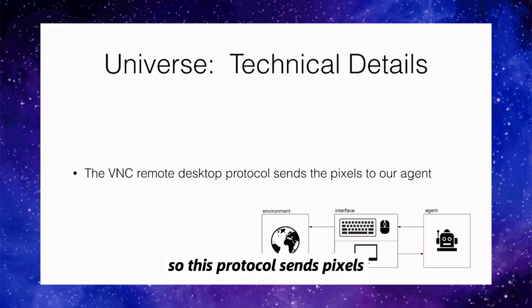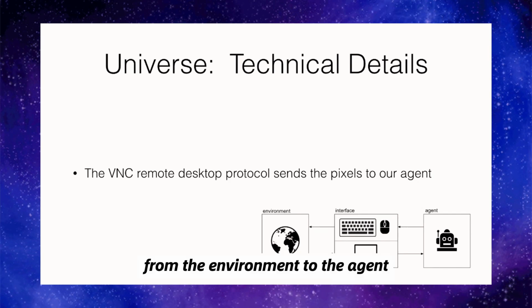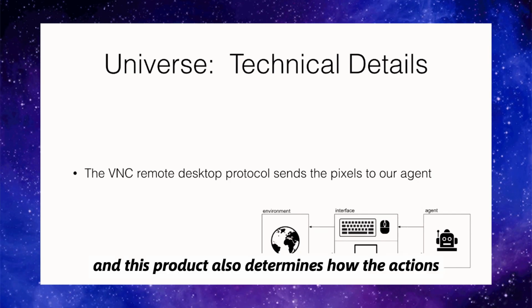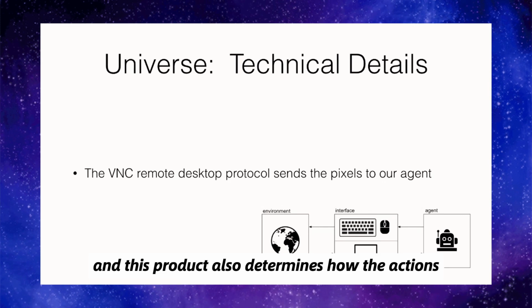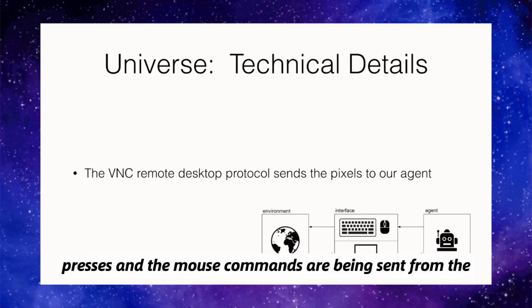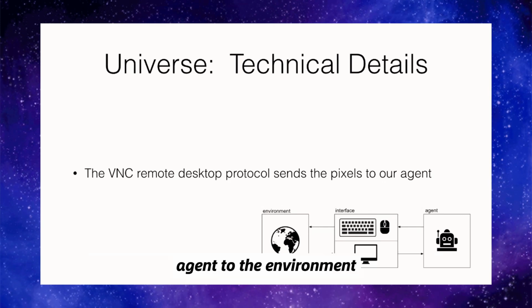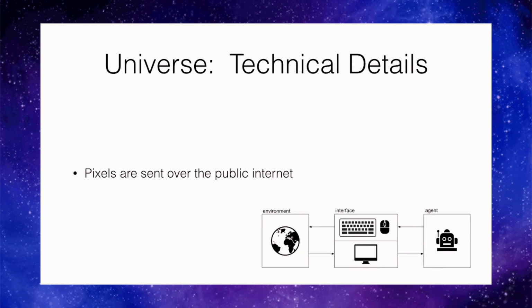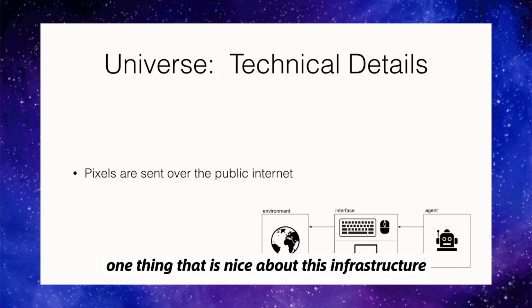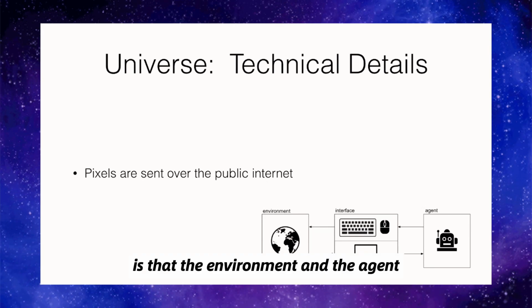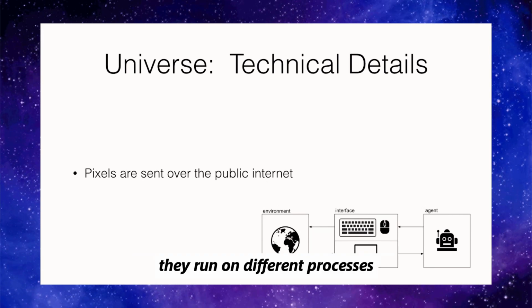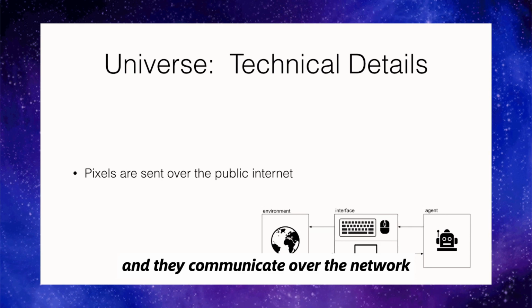So this protocol sends pixels from the environment to the agent, and this protocol also determines how the actions, the key presses and the mouse commands are being sent from the agent to the environment. One thing that is nice about this infrastructure is that the environment and the agent run on different processes and they communicate over the network.